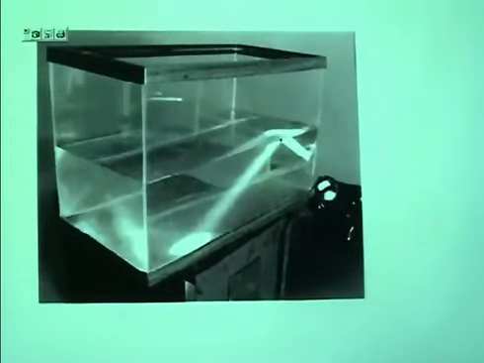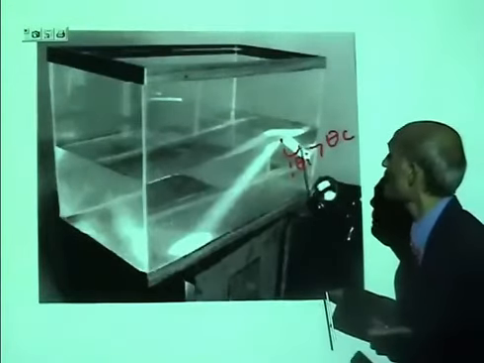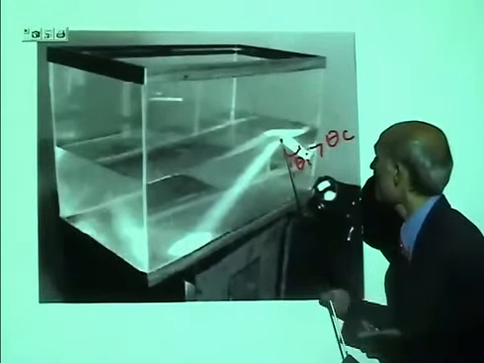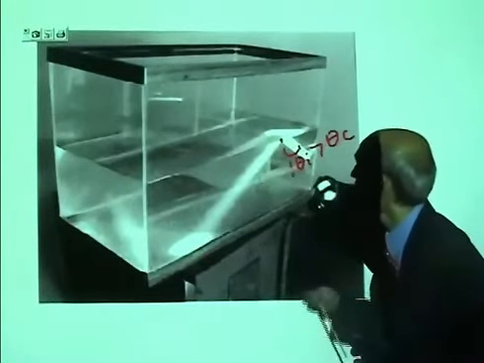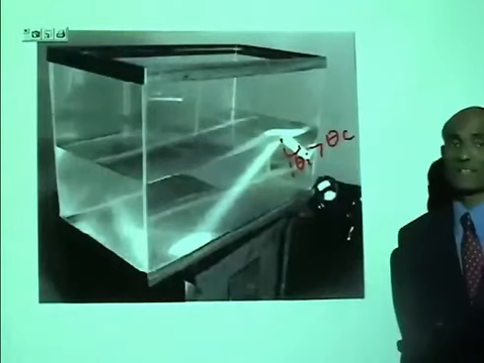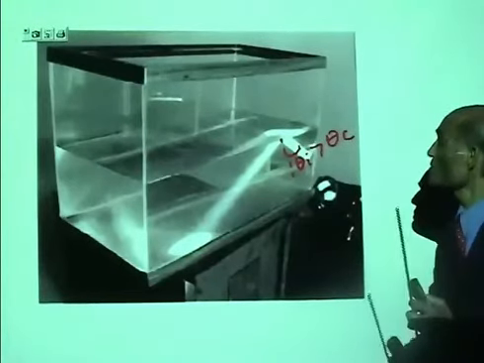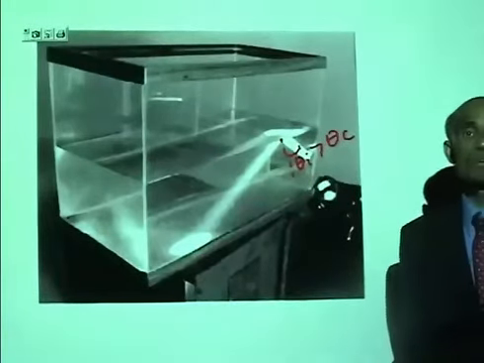Now this is the normal, and this is the angle of incidence. That angle of incidence is greater than the critical angle. So the ray of light is now incident at an angle greater than the critical angle. The ray simply gets reflected. Now this is total internal reflection.